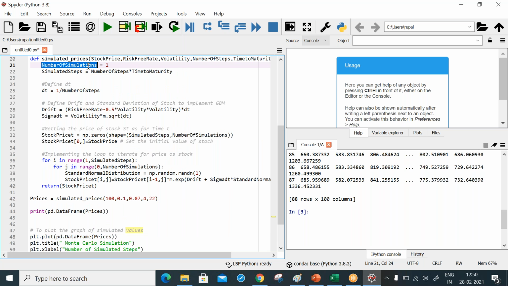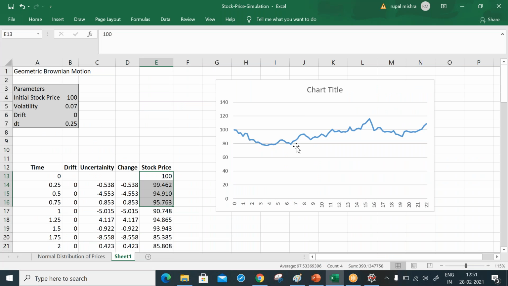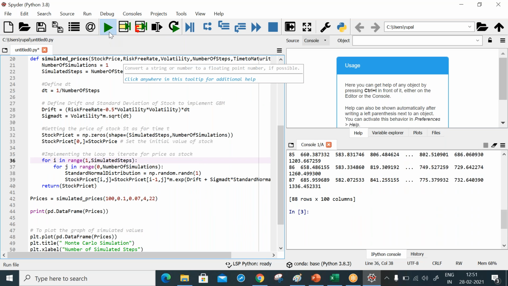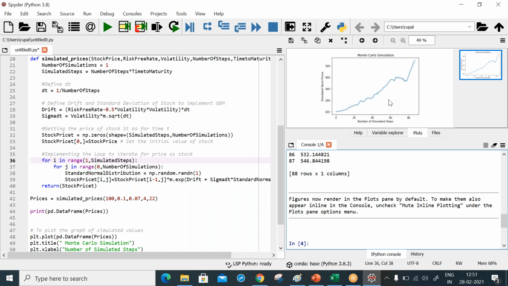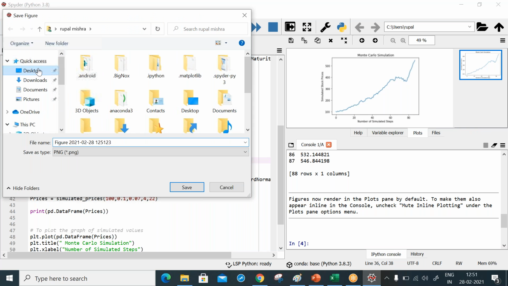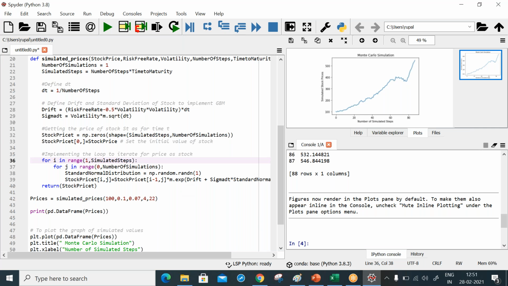Now, as the number of simulations that we have put is 1, we will get only one graph plotted. Of course, the values are 88. Now in the plots section, if you see, we have got a graph, around 80 steps. Then I will save the plot somewhere on the desktop.